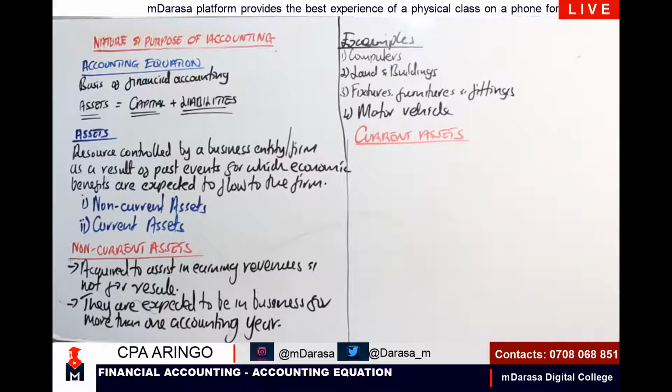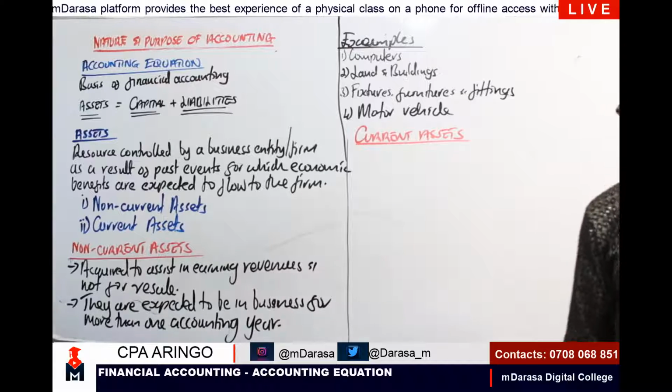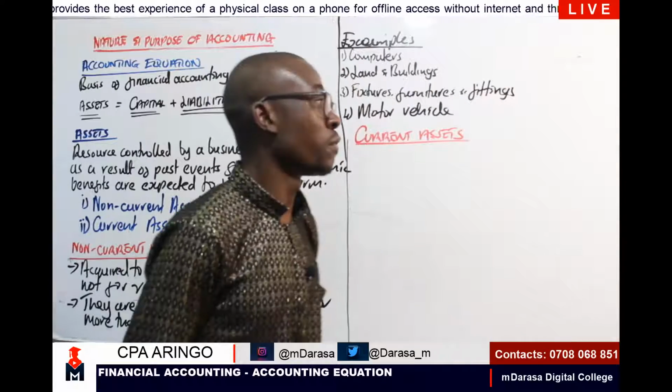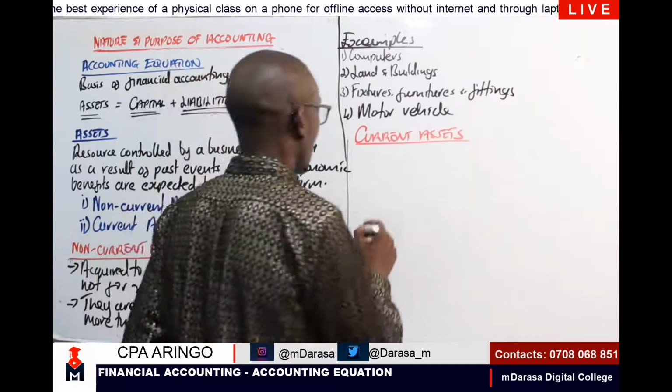And in most cases, they directly relate to the trading activities of the firm. So these are assets that are not expected to be in the firm for more than one accounting year.